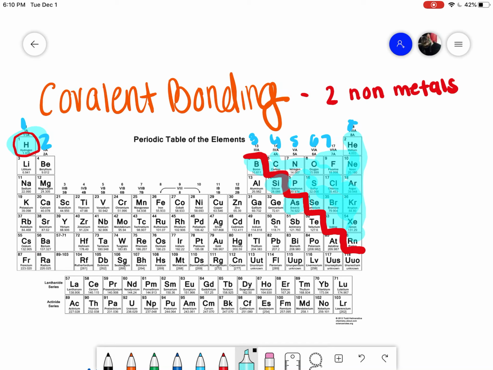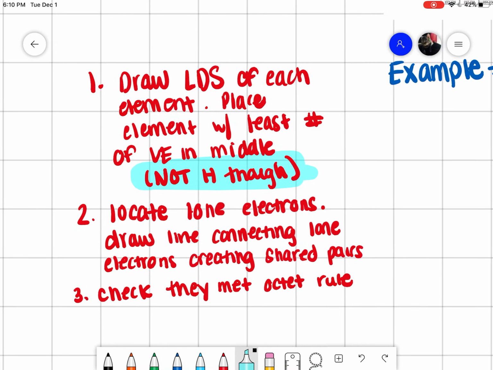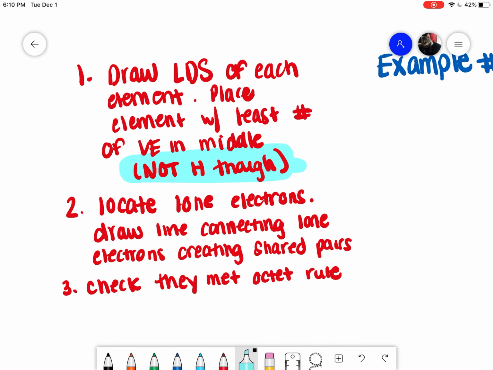In this video, we are going to go through examples on how to show covalent bonding with Lewis structures, and we're going to go through the rules as we do so. So our rules for drawing covalent bonds with Lewis dot structures is first we need to draw the Lewis dot structure of each of the elements and atoms. We need to place the elements with the least number of valence electrons in the middle.